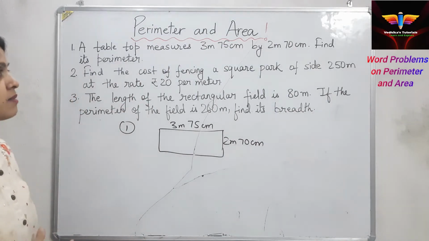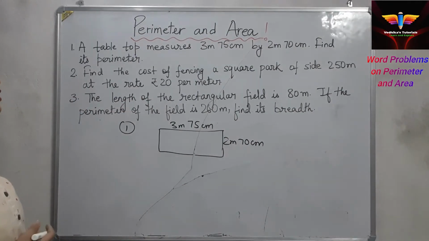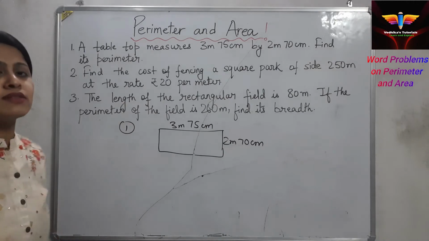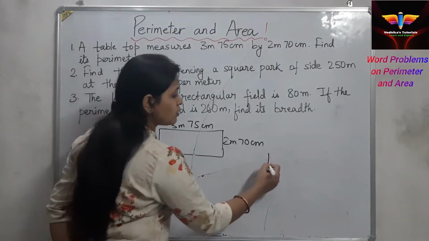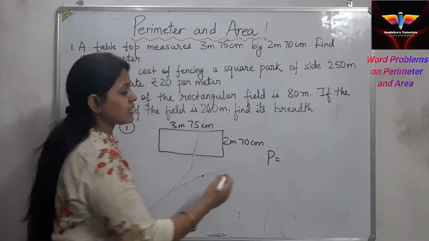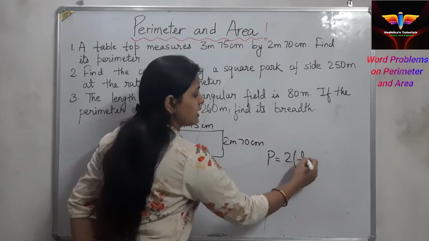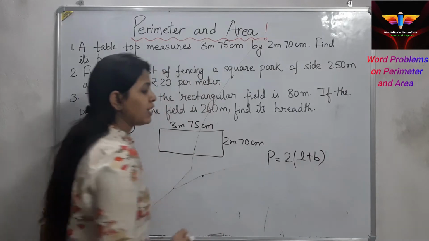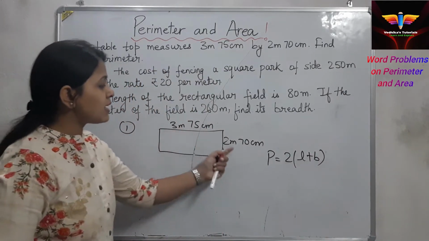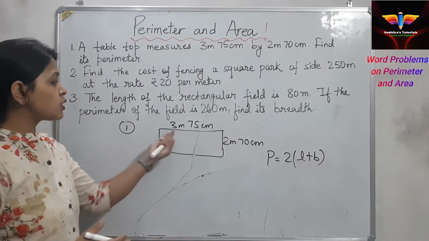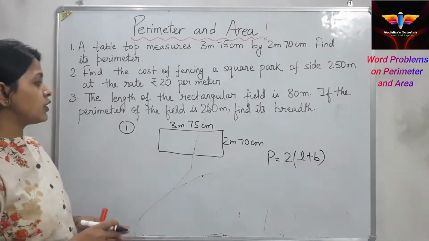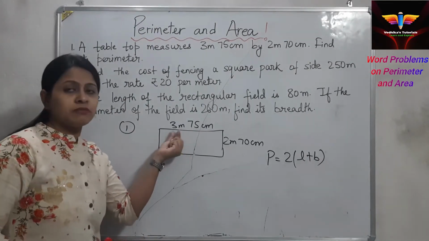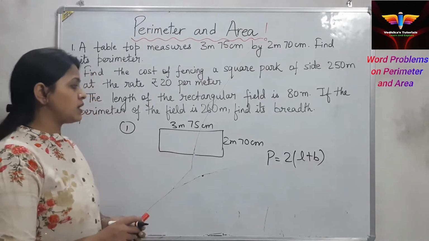Now the second statement of the question says find its perimeter. Yes, we have to find the perimeter. Now you all know that the perimeter of a rectangle is 2 times length plus breadth. Here length and breadth are given, but there are 2 units, so first of all we have to change it into a single unit. Either we can change it into meter or into centimeter.